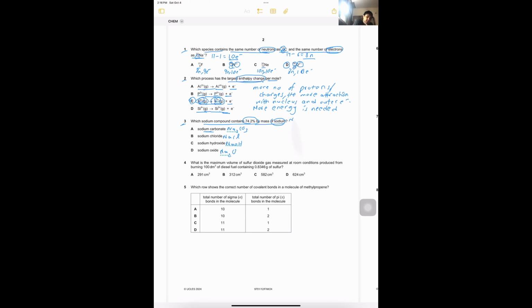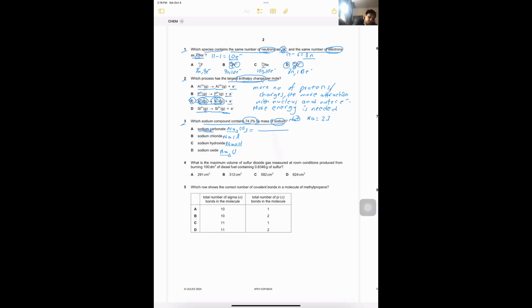The sodium ion is positive, so the valency is plus. Okay, so now we have to calculate. The Ar for sodium is 23.